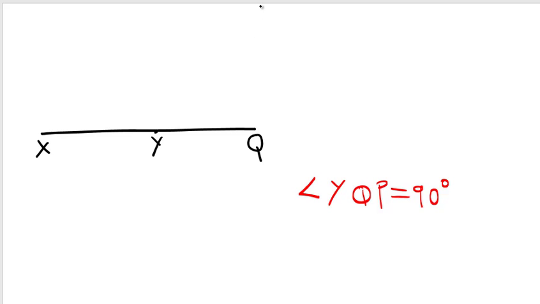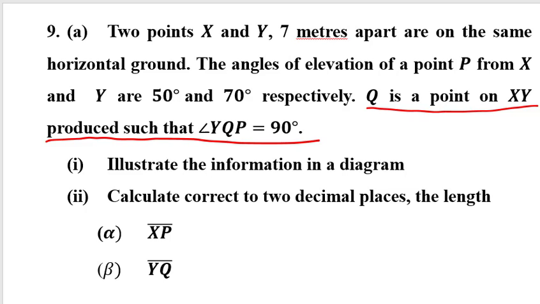So we are going to assume our vertical line here. In that case, it means that this point is going to be P, because it says angle YQP is equal to 90 degrees. So we assume that this is our P. Now let's go back to the question again.